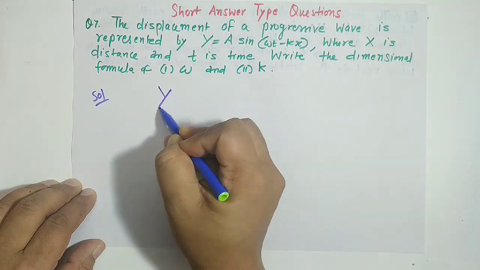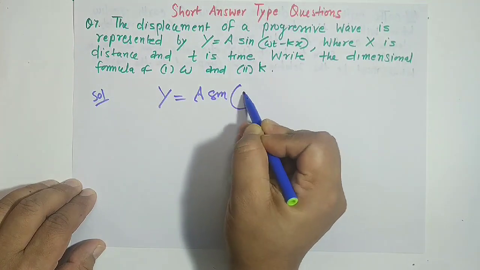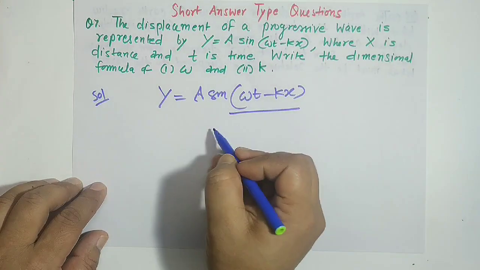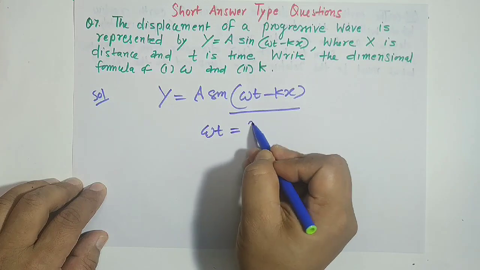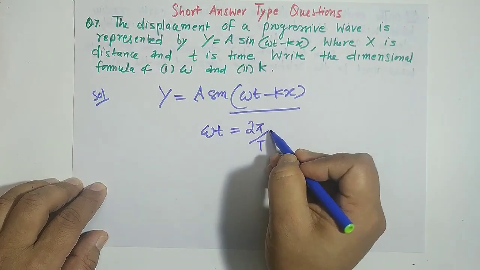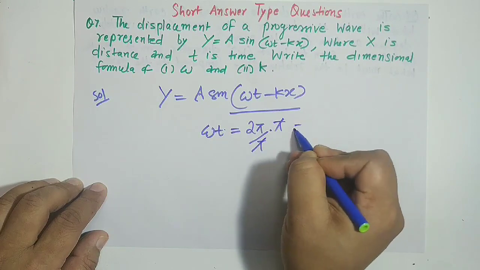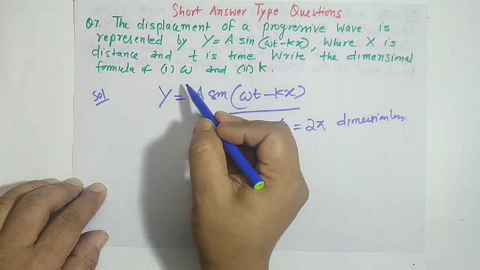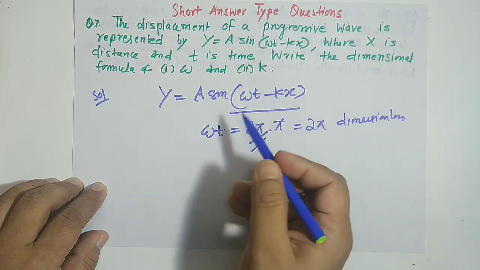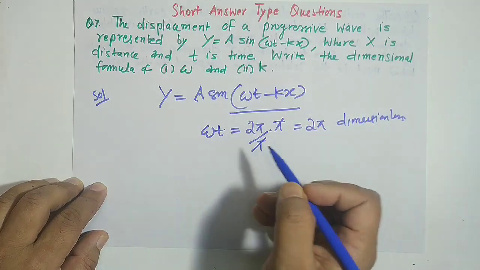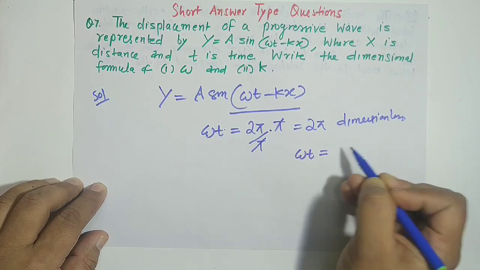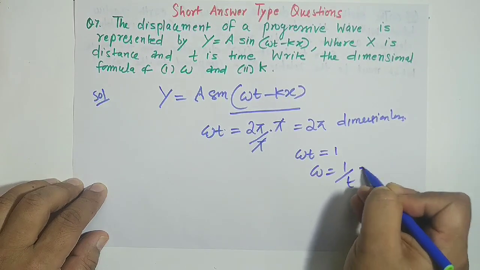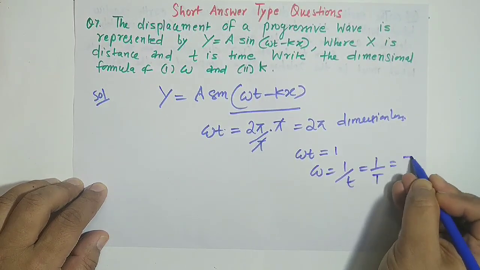Now y equal to a sine omega t minus kx. All of you know this is an angle, so it should be dimensionless. We'll check it first. Omega t: omega is 2 pi by T, so T cancels out and it becomes dimensionless. So can we get omega? The dimensional formula of omega: omega is 1 by T, so T to the power minus 1.